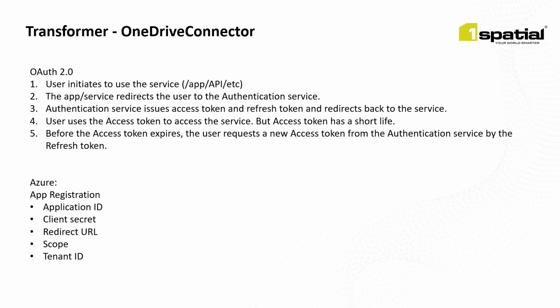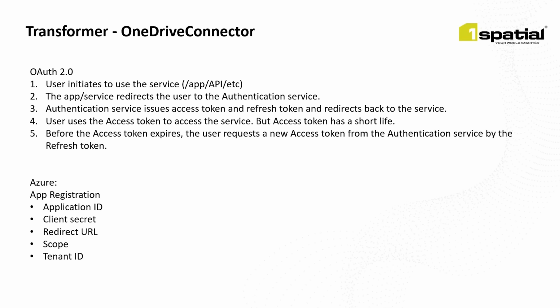So how does the configuration need to be done? In Azure, there is a requirement to create an app registration. The app registration is a setting that contains everything needed for the authentication. The application ID is just an ID for the app registration. There is a client secret, which sometimes is required.